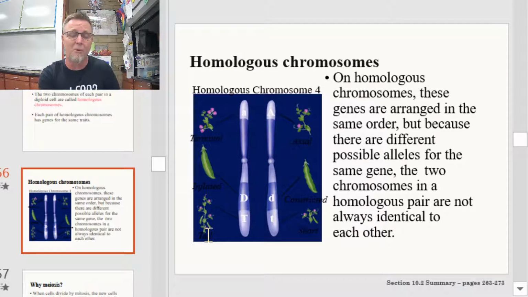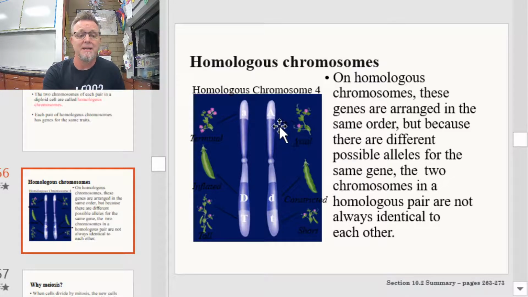Well, you're missing the point. The gene here is not a gene just for axial, it's flower position. So a gene for the exact same trait in the exact same place means that these A's are genes for flower position. Those genes are not exactly the same, but they both describe flower position. So that's where we use the word allele.